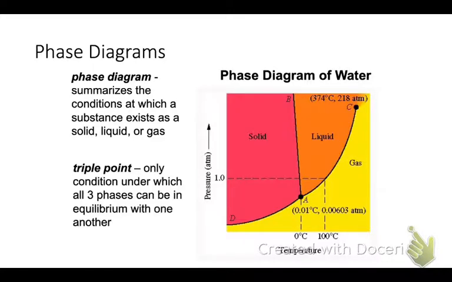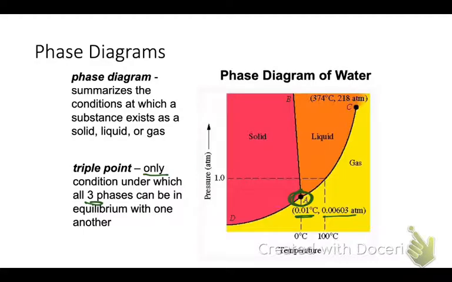The first thing I want to bring to your attention on the phase diagram is something we call the triple point. Triple point is the only condition under which all 3 phases can be in equilibrium or coexist. For water, this happens if you have water at 0.01 degrees Celsius and 0.00603 atmosphere, then water will exist as gas, liquid, and solid.